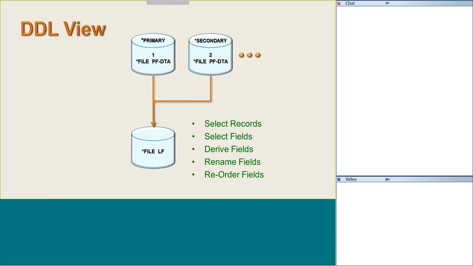If you want this view to be processed in a particular sequence, you have two choices. You either create a DDL BRI index over this logical file. It's the only circumstance in which you can create a logical file over a logical file.